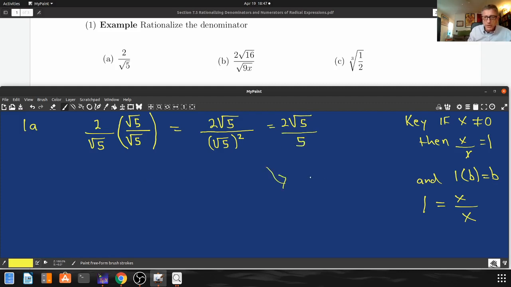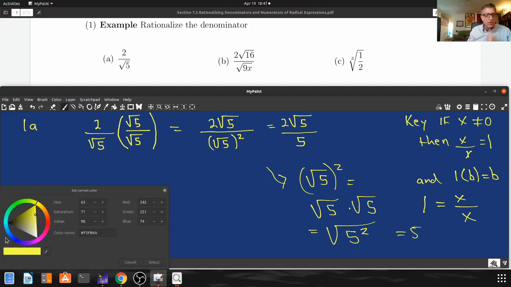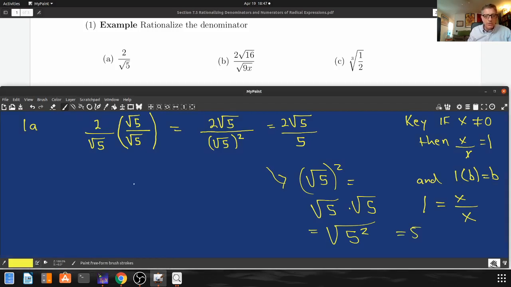Just so you'll see, the square root of 5 times the square root of 5 is equal to the square root of 5 squared, which is 5 by definition. The whole point is, once we have removed the radical sign from the denominator, then we are done.